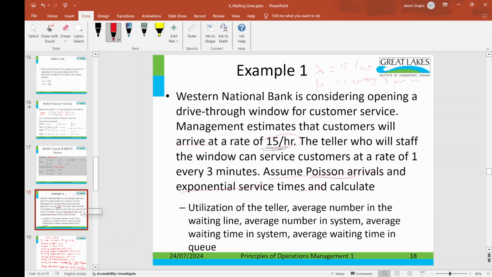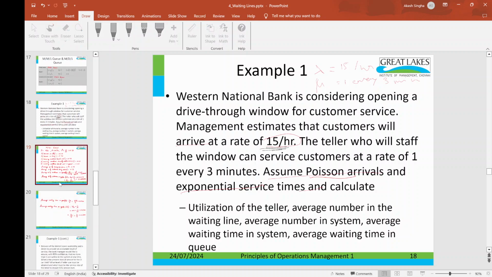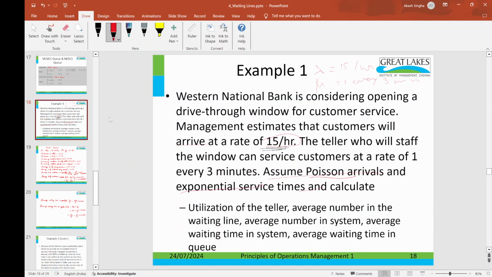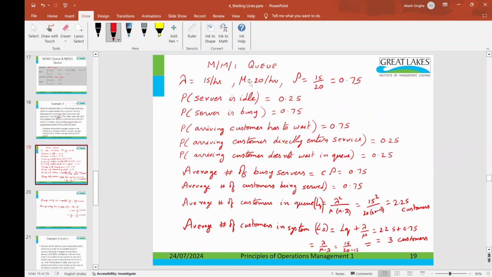If we go to the solution, it says it's M/M/1, how we came to that conclusion, and then calculates lambda as 15 per hour and mu as 1 every 3 minutes. We have to get it into the same units, in hours. So 1 every 3 minutes means 20 per hour. That is mu.